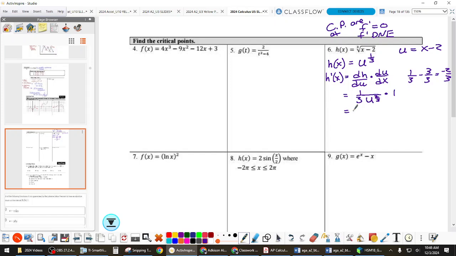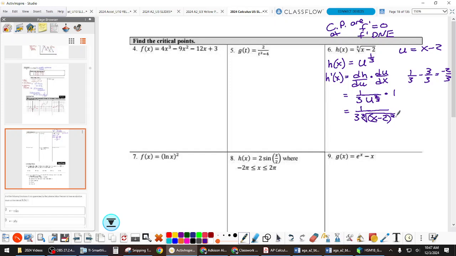Okay, now we can plug the u back in, and probably at this point turn the exponent back into a radical. So which goes on the x minus 2, and which is our index? So the index is 3 and the 2 is the exponent. Yeah, good.